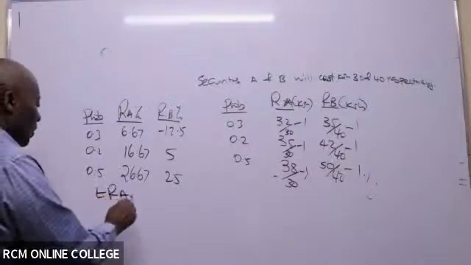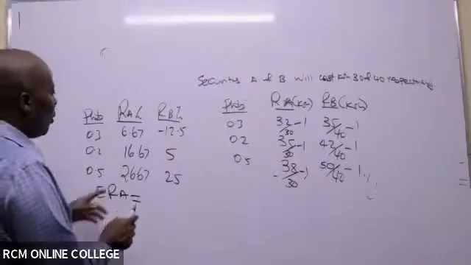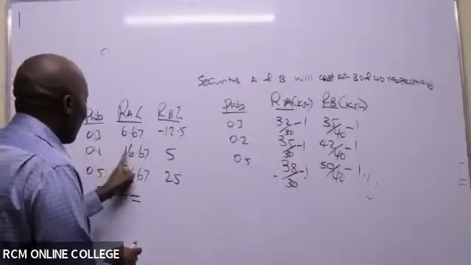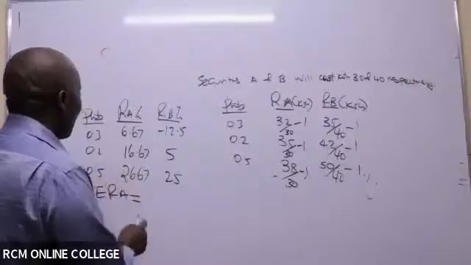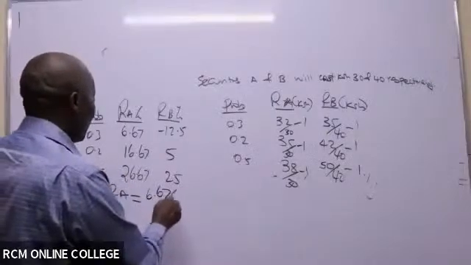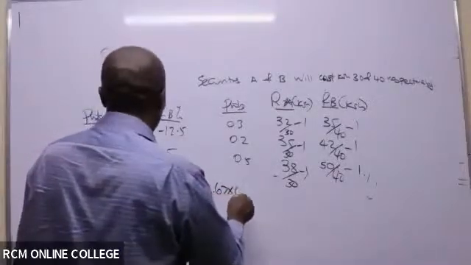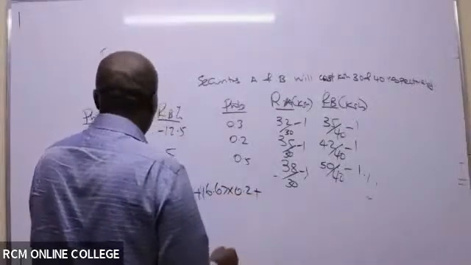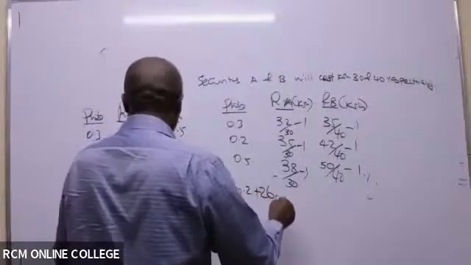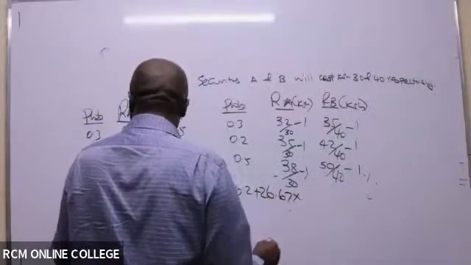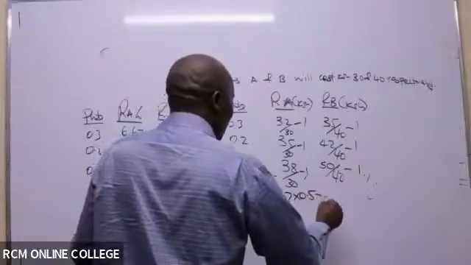Give me these expected returns on A. You don't even have to write it. So it becomes 6.67 times 0.3 plus 16.67 times 0.2. The ninja has asked me a long question. I'll do many things here, but I like ninjas who ask questions.